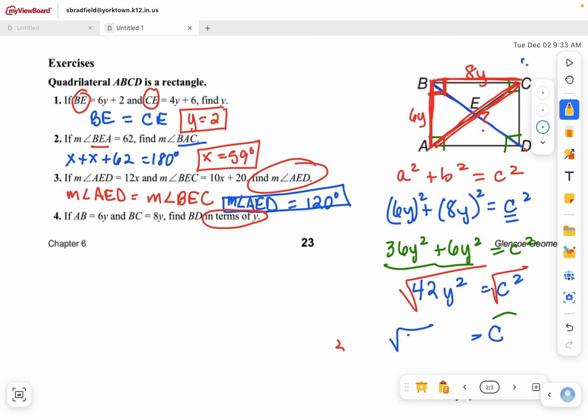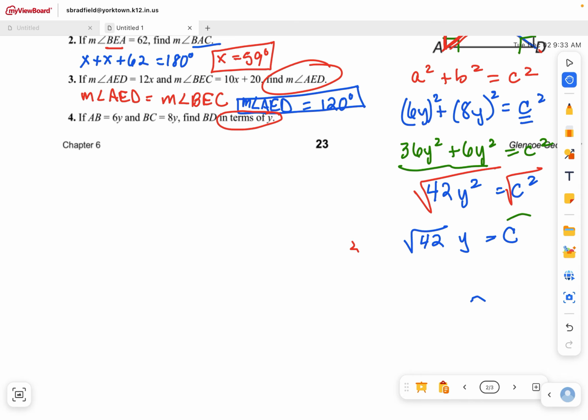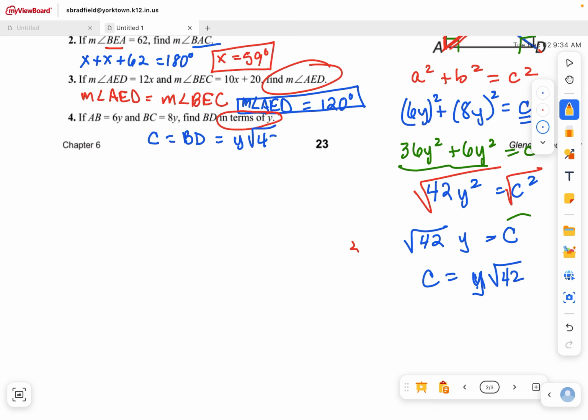So we have the square root of 100, and the square root of y squared is y. So we could put that c, or the hypotenuse, is 10y. It can be simplified. Actually, I don't think it needs further simplification. So c, or BD, is equal to 10y.